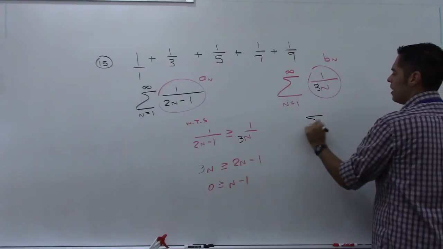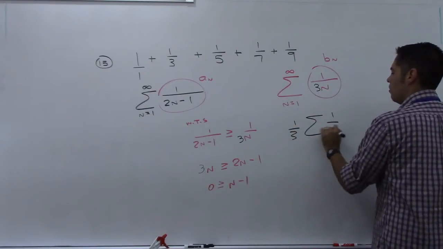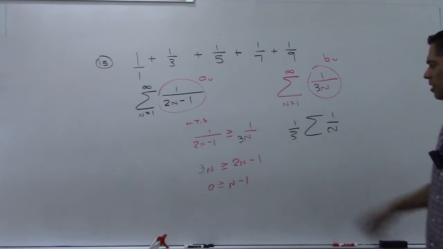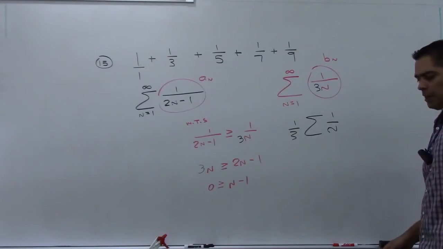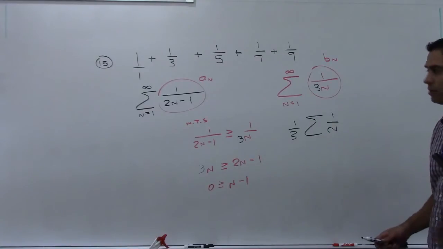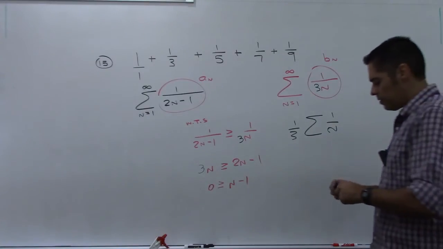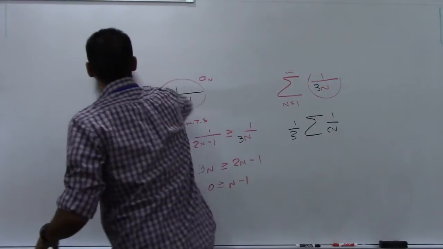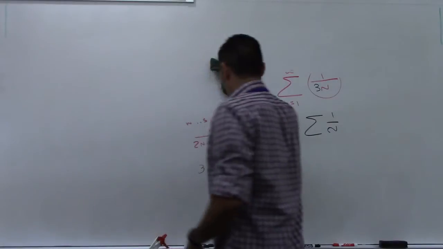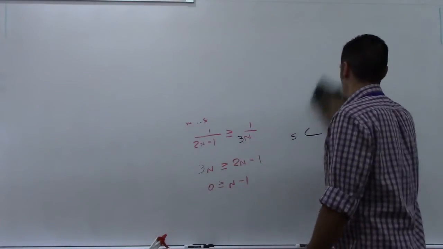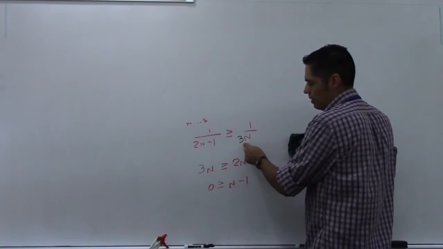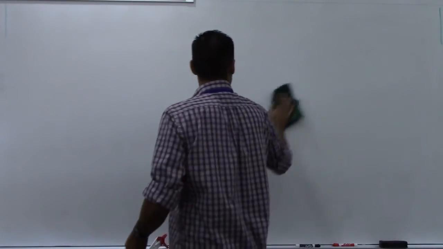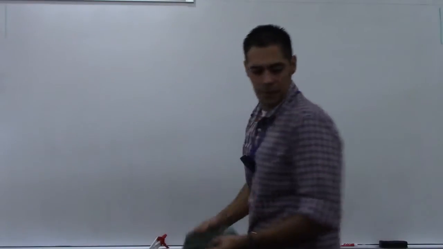But then that's still the same as this, which is still divergent. So look at my solution for number 16 I did before this. It's pretty much the same thing. We tweak it, and so you'll get the same conclusion, that this diverges. I also could have used like 5n here, 10n, it wouldn't matter. As long as I make that left side bigger than the right side, I would have been in business.